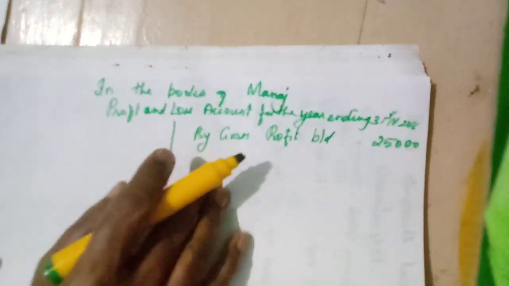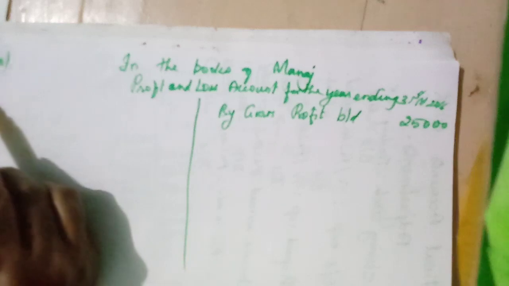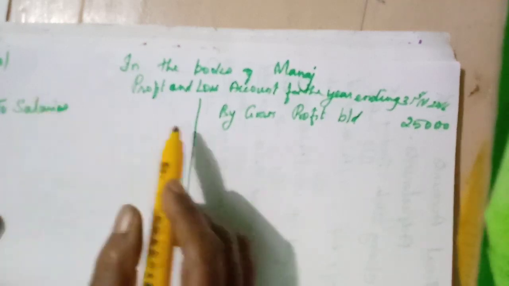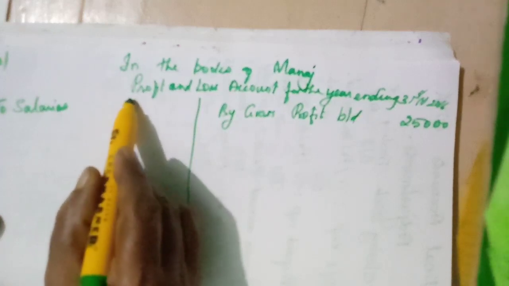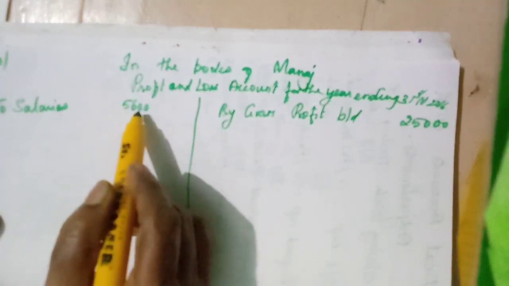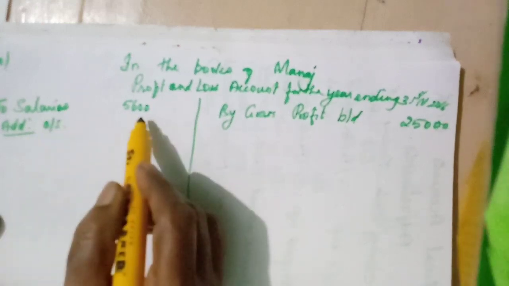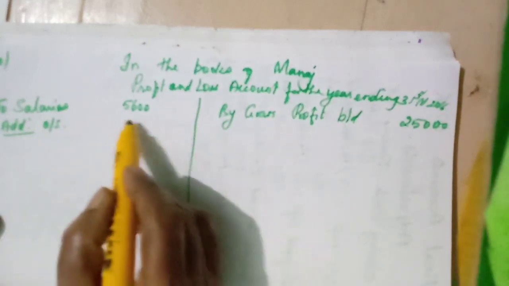Next one, salaries. That one will appear on the debit side, to salaries. Here adjustment, salary outstanding, is given. So salaries we can write in the inner column 5,600. Add outstanding, we should add, isn't it? 400.